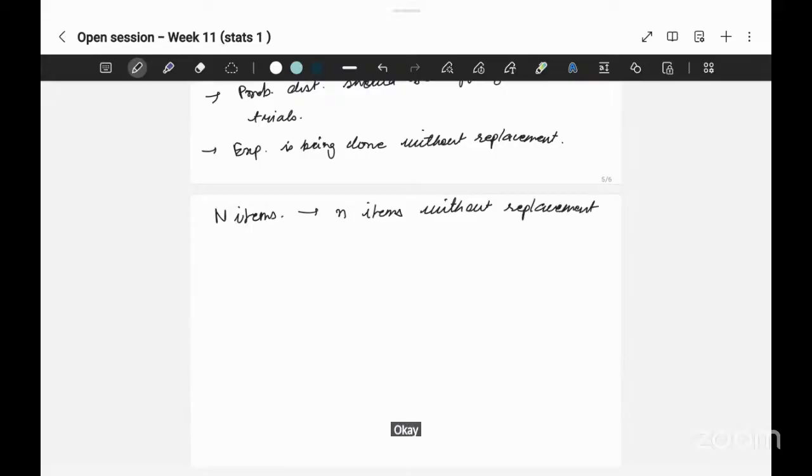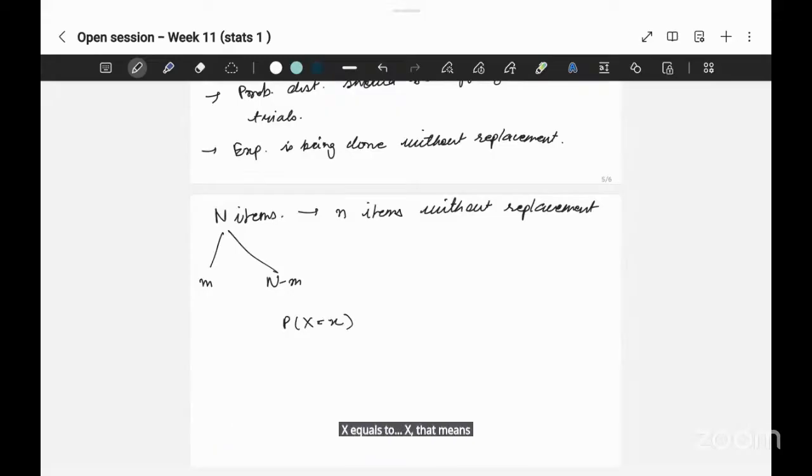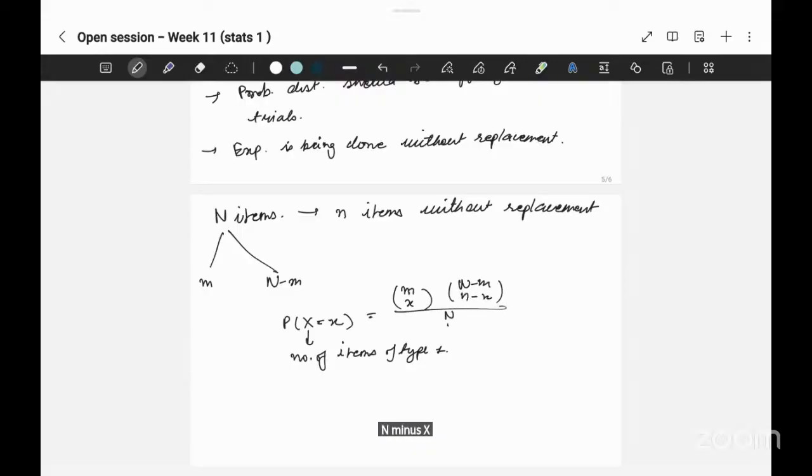Okay, and these n items are of two types. I'm having m of one type, and I'm having n minus m of the other type. Then if I have to find the probability X equals x, where x is basically denoting the number of items of type 1, it will be: m C x times n minus m C n minus x, divided by capital N C n.